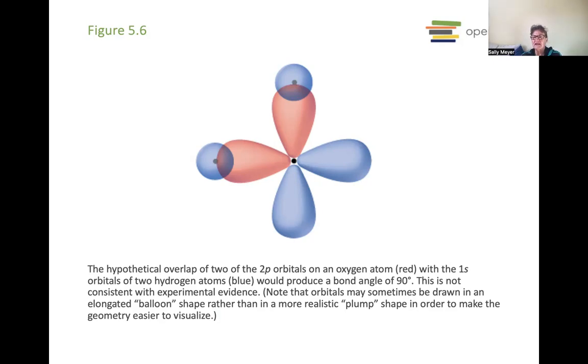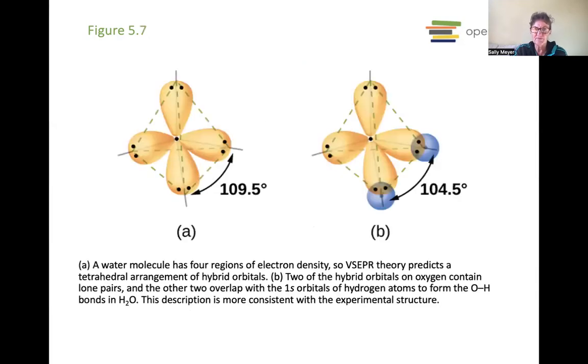If you look at oxygen's electron configuration, the valence shell is 2s2 2p4. And so you have 2 p orbitals, each with 1 electron. But the problem is that when you look at the angles with those 2 p orbitals, they're 90 degrees apart. So that would make the angle in water 90 degrees, and it's more like 104.5 degrees. So we have to think about why that's true.